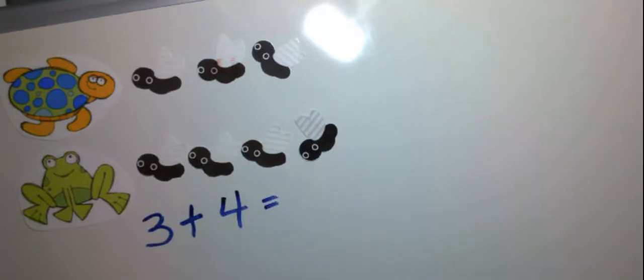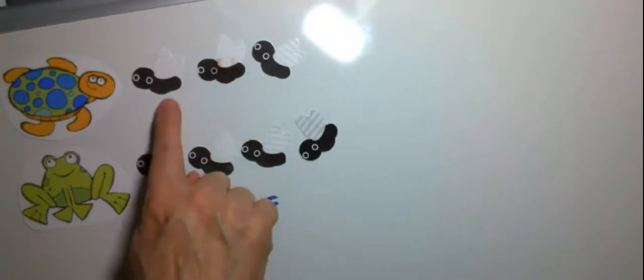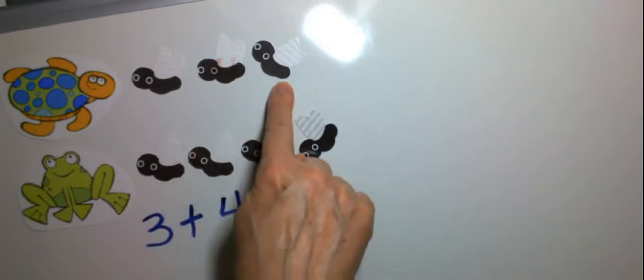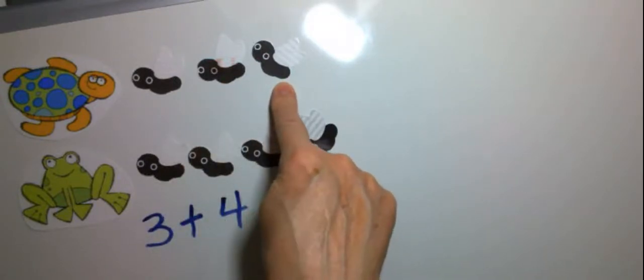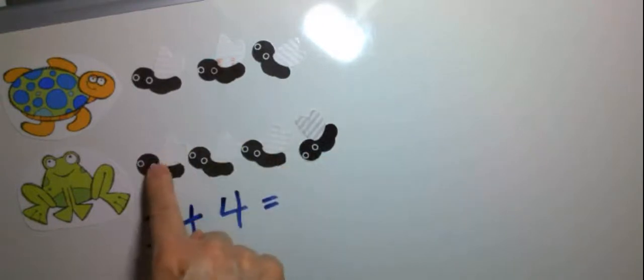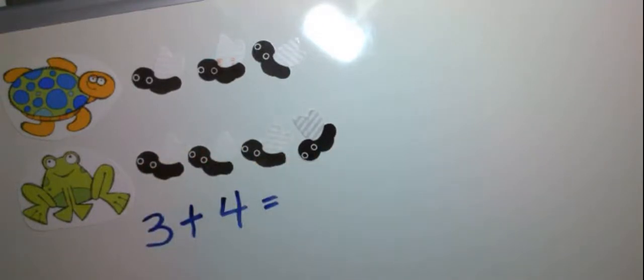So let's see, how many does that equal? So we're going to count. We know this one has 3, so we're going to start with 3 and count on. So 3, 4, 5, 6, 7. So let's see if you can try some of those story problems at your house.